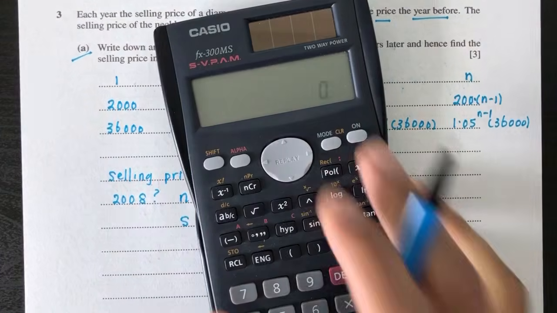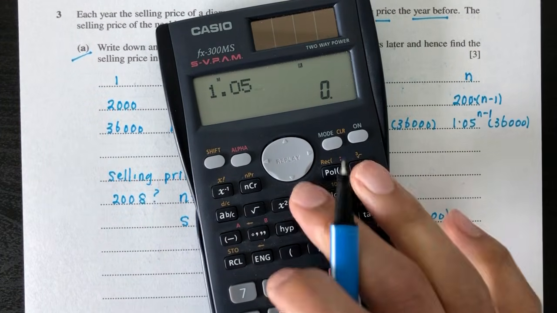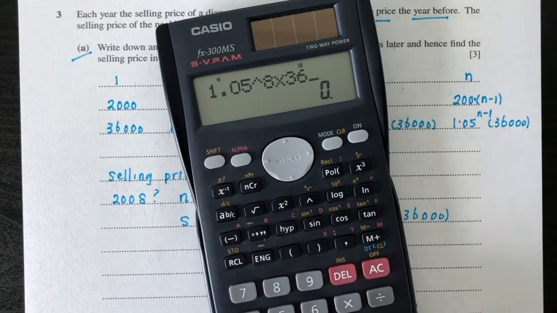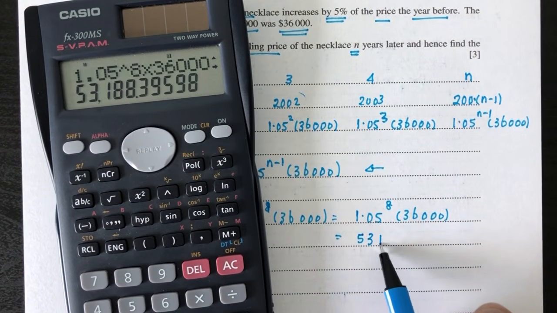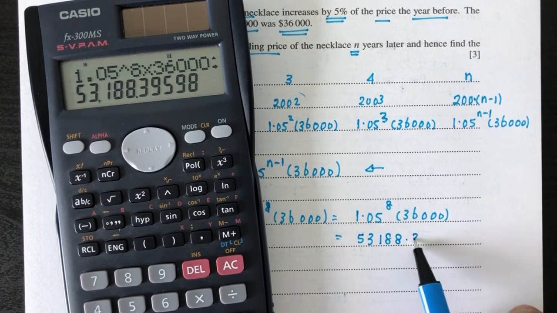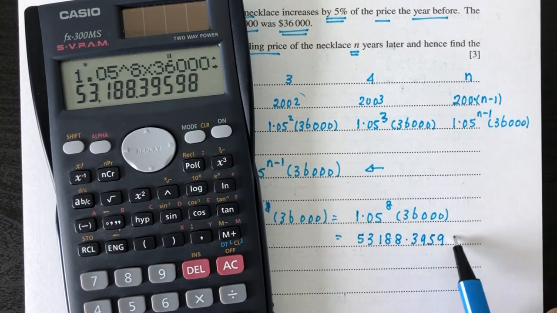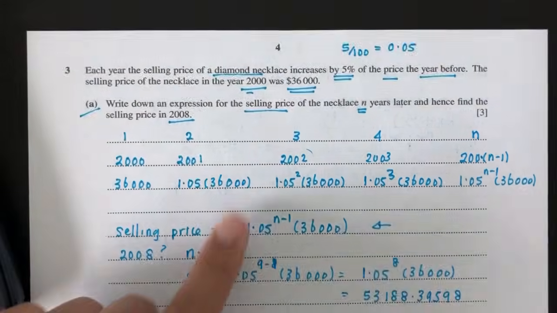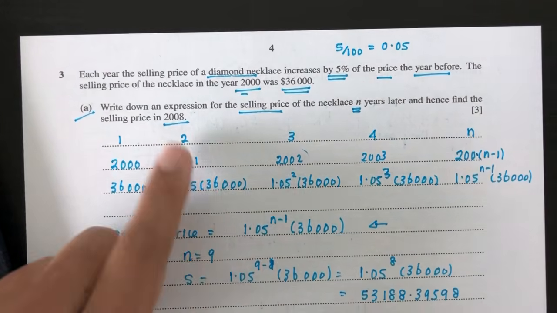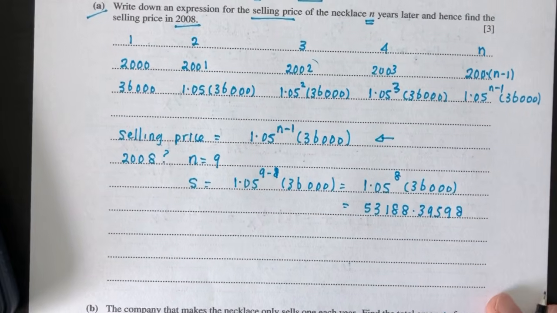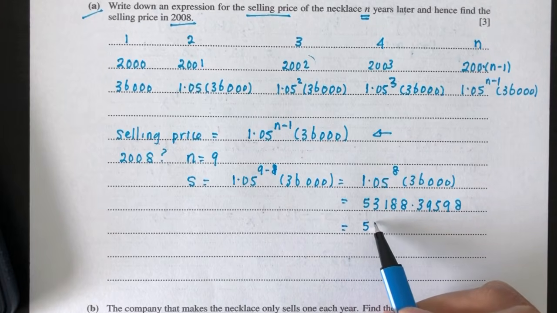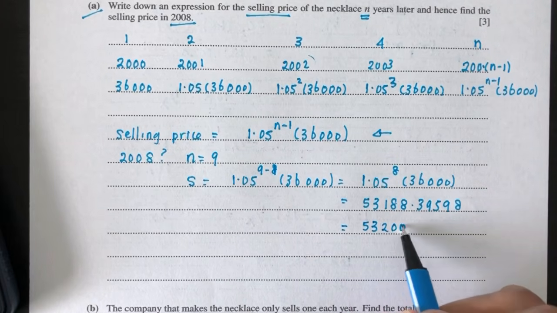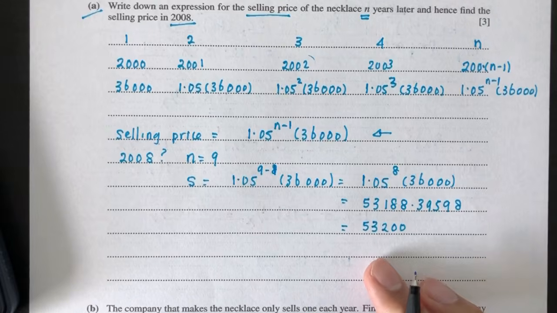Let's see what the value is. That will be 53188.39598. In this question we don't have any specific restriction on how to write the price, so you can just write it down correct to 3SF. That will become this much for the price of the necklace, correct to 3SF.